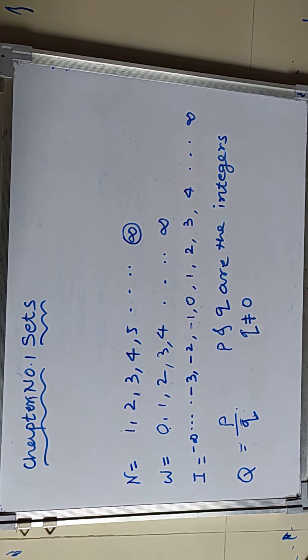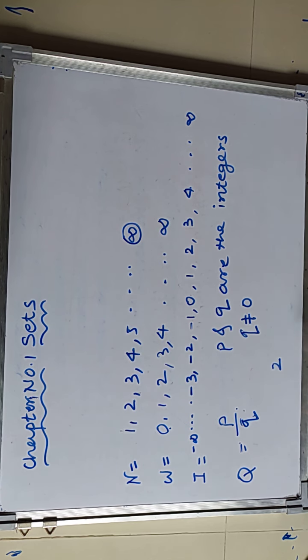Students, I am asking, can we represent every integer as a rational number? Give me the answer. Think about that, students. Yes, every integer can be written as a rational number. How is it possible? Suppose I write the integer 2.